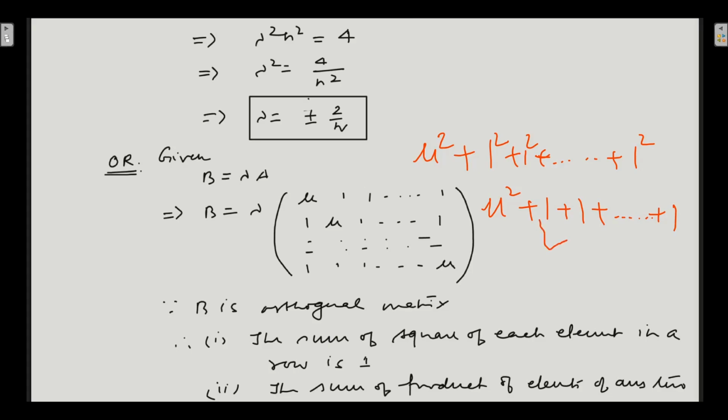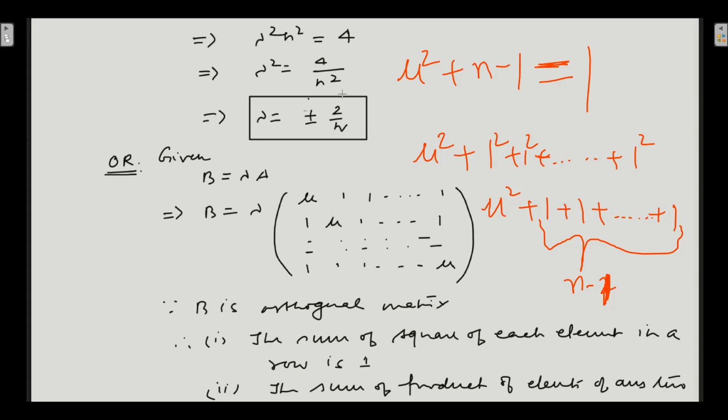How many elements are over here? There are n minus 1 elements. So it will be mu square plus n minus 1, which is equal to 1. This is the first equation which you get.